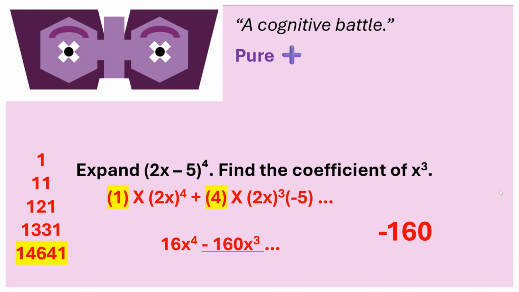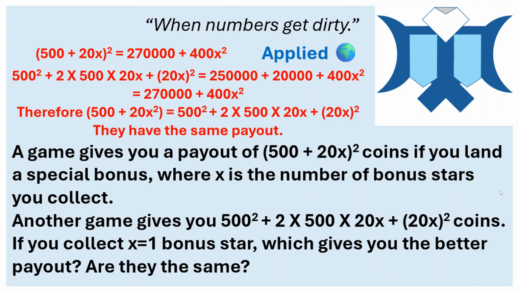It's negative 160, not positive, because it has the minus in front of it. Coefficient of x cubed just means whatever's in front of the x cubed. Okay, and then here's the applied section. It's pretty simple, just compare them, expand them out, state that they're the same, and that's it. Just say they're the same.